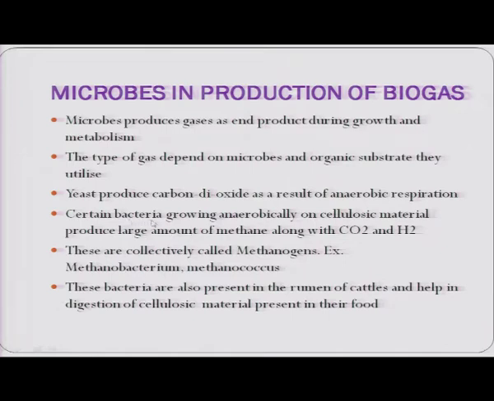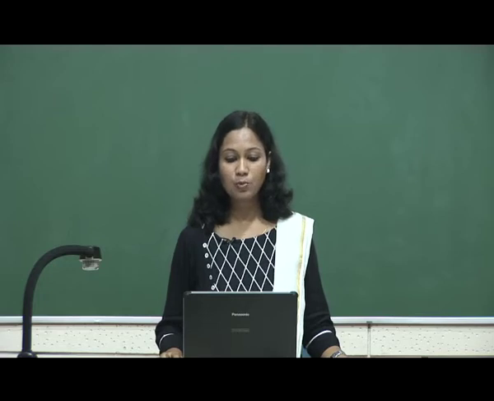These bacteria which grow anaerobically on the cellulosic material produce a large amount of methane along with carbon dioxide, hydrogen, hydrogen sulfide, and this mixture of gases which is obtained after anaerobic respiration of the bacteria is known as biogas. The bacteria which are responsible for the production of these gases are collectively known as methanogens.